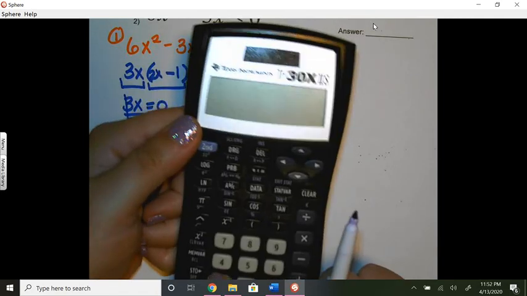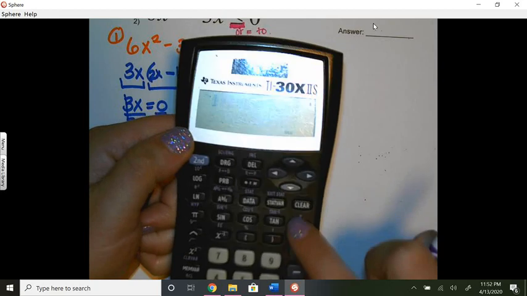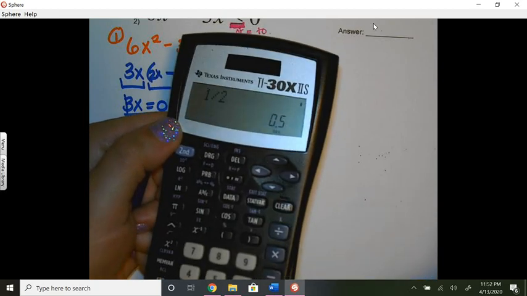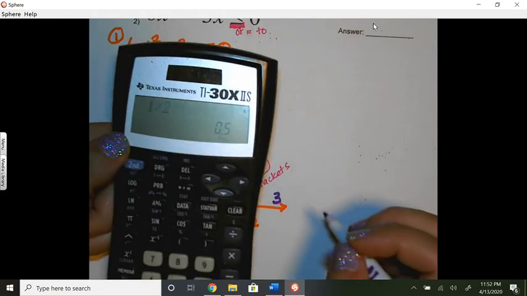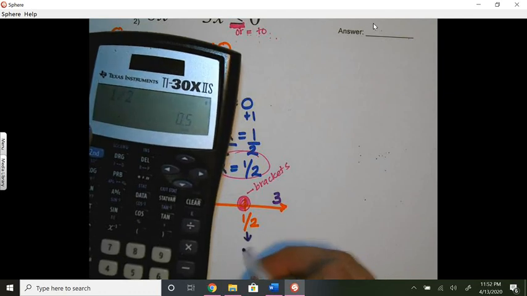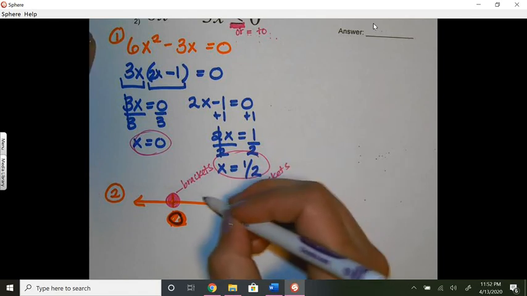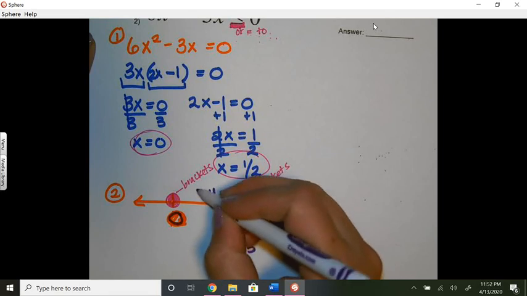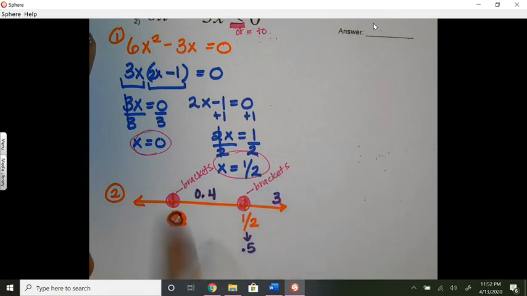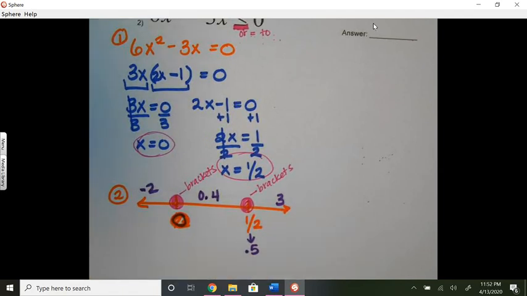So we all know that 1/2 is 0.5. So we need to pick anything in between 0 and 0.5. So I'm going to go ahead and pick 0.4. And then I need to pick any number less than 0. So I'm going to go ahead and pick -2. Whatever you want. Pick 3 numbers in those regions.